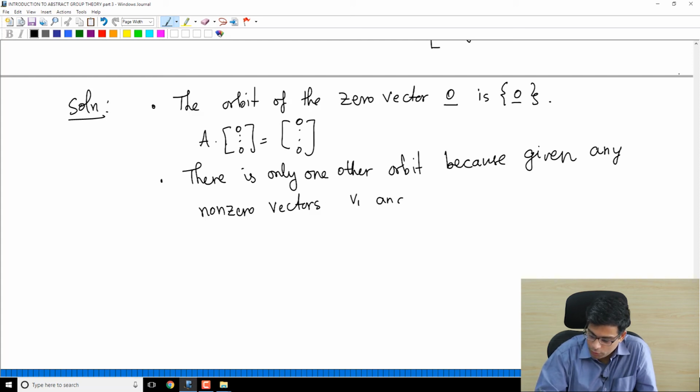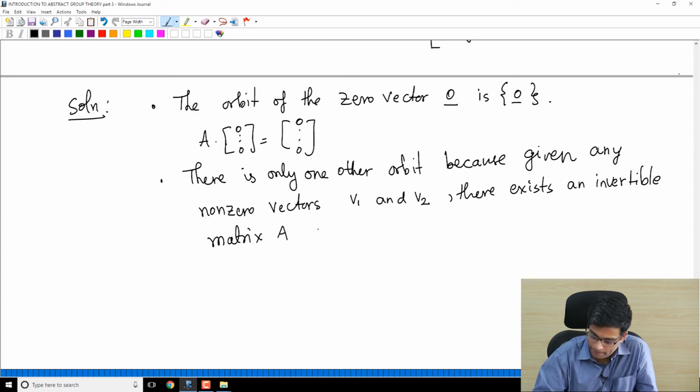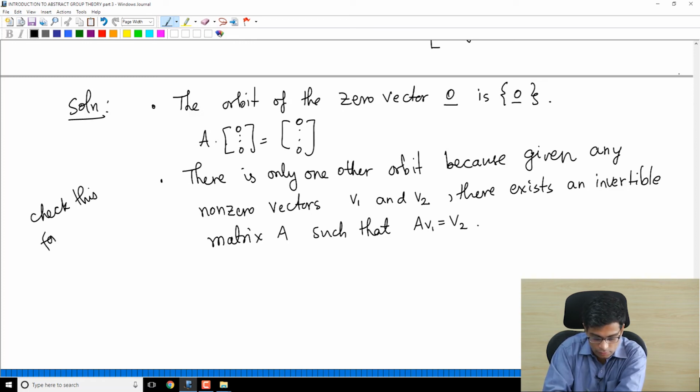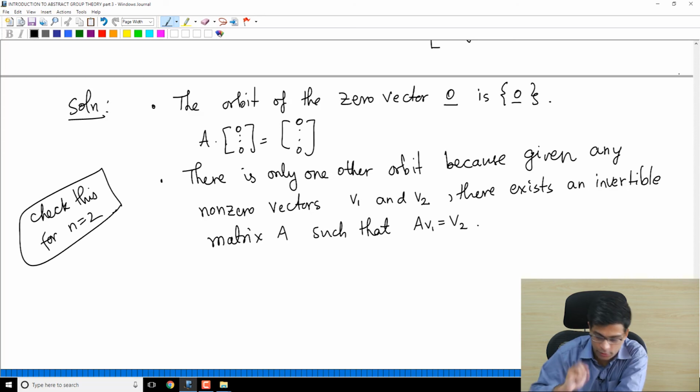v1 and v2, there exists an invertible matrix A such that Av1 is v2. This is something that I said is a fact, and I don't want to prove this now, but you can check this easily at least when n equals 2. I will leave this as an exercise for you. For n equal to 2, it's very easy to check because it's all 2 by 2 matrices and vectors of length 2.